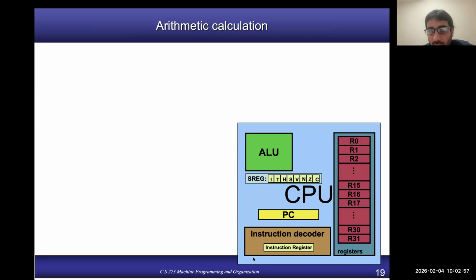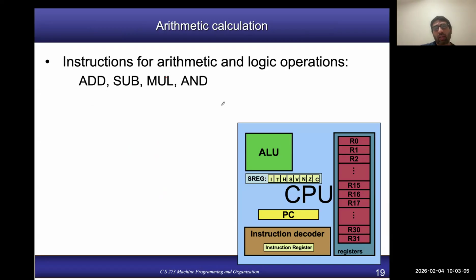Thank you. Let me do one more slide and then we can go for the quiz. Let's have a look at arithmetic calculations. The instructions used for arithmetic and logic operations are add, sub, multiply, and AND. There are others, but for now we are restricting ourselves to these four.